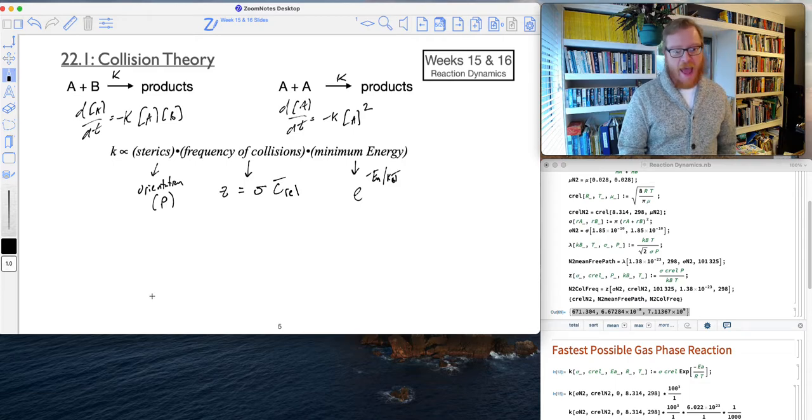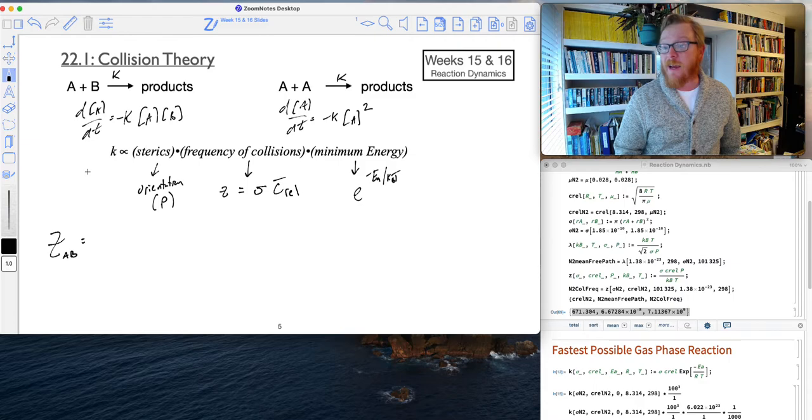I'll write this in terms of A plus A and A plus B, because they are slightly different. Instead of thinking of these as a rate, dA/dt, I'm going to give this a big capital Z, and I'll write that as Z_AB.